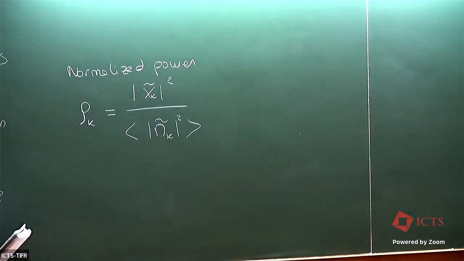So basically, this will be the way to compute how much power you have over the expected value of noise, by converting your output into as if it would be white noise. So then there will not be much difference at different frequencies.